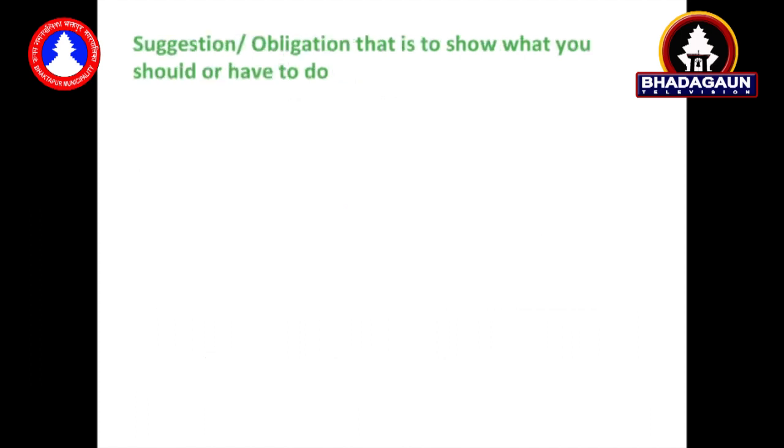Dear students, the next use of need. This time need is used in the meaning of suggestion or obligation, that is, to show what you should or what you have to do. This is the statement: you need to go to the bank. This is the obligation and the suggestion. That is, you have to do that. You have to go to the bank, it means. So, you need to go to the bank. Here again, this need is not the modal auxiliary and not the auxiliary verb.